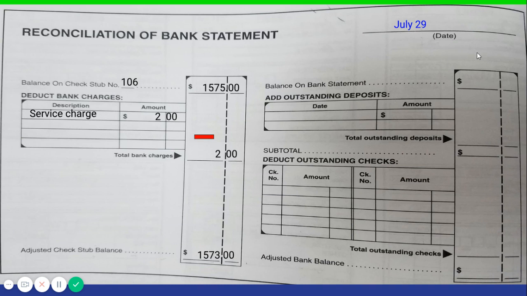Then we go on the right side, balance on bank statement, $15.28. We want to add any outstanding deposits, which is on July 28th, $150. Total outstanding deposits, and we are adding them to get $16.78.